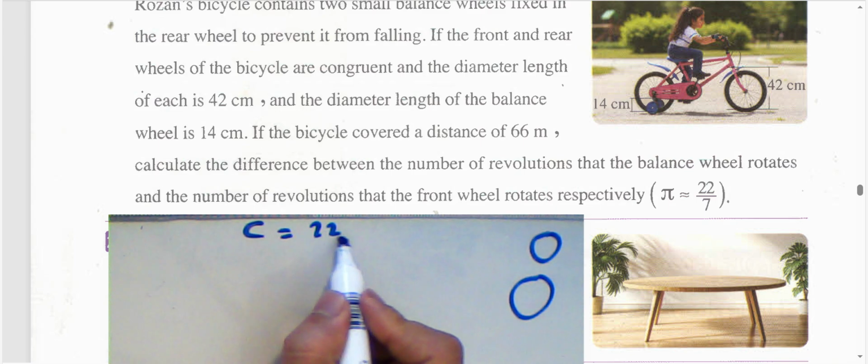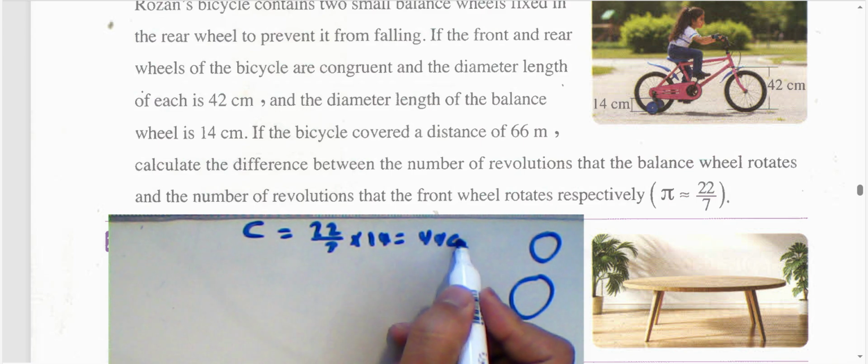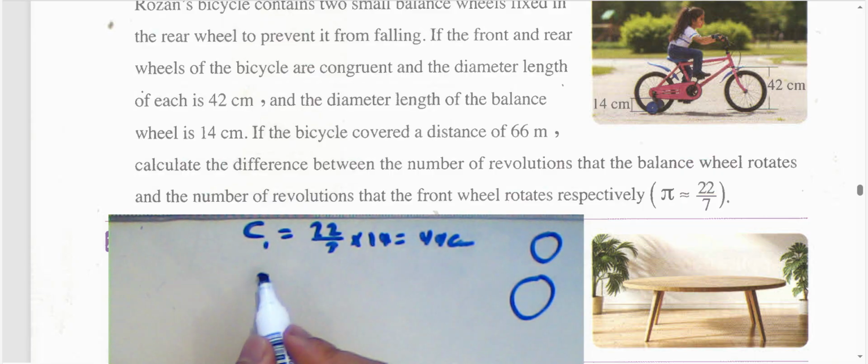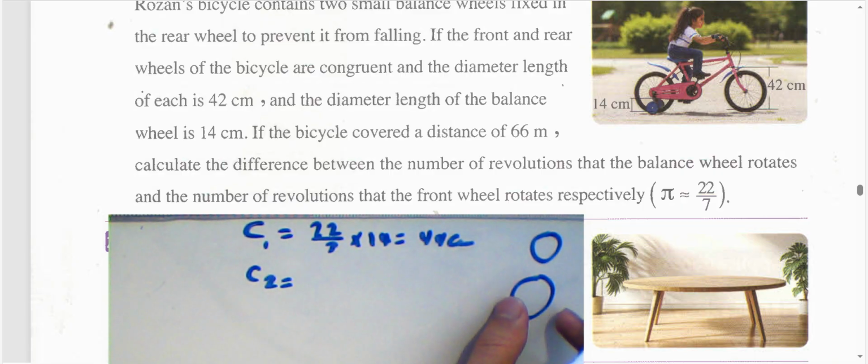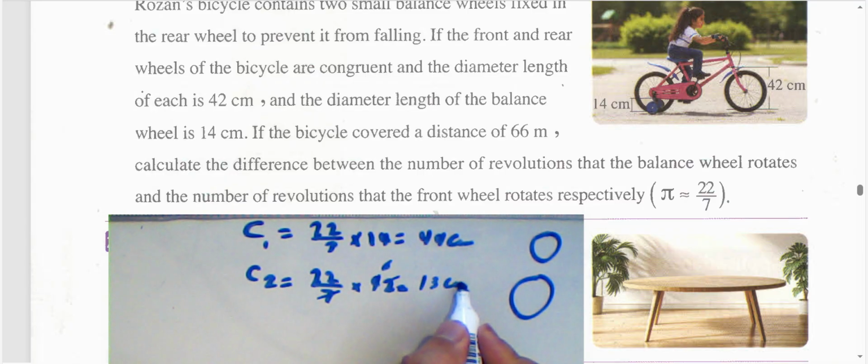Pi was 22 over 7 product by 14. The result will be 44 centimeter. And circumference 2 about the front circle, we can write 22 over 7 product by the diameter was 42. The result will be 22 times 6, 132 centimeter.